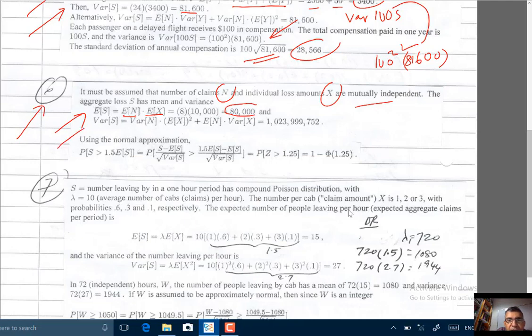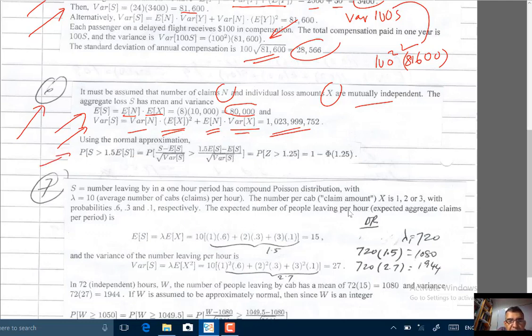The variance of S is also easy: variance of N times the expected value of X, whole thing squared, plus the expected value of N times the variance of X. Use the calculator and you will get this large number. We're looking for the probability that the aggregate loss will exceed 150% of the expected loss.